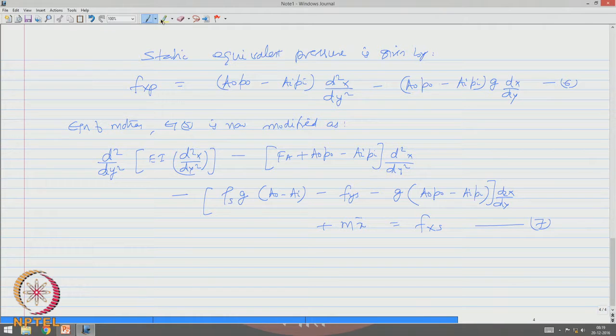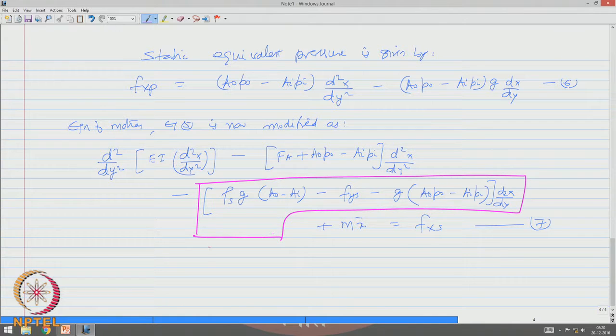Now, in this equation, this particular term is called as effective tension, which is referred as F effective in the literature.